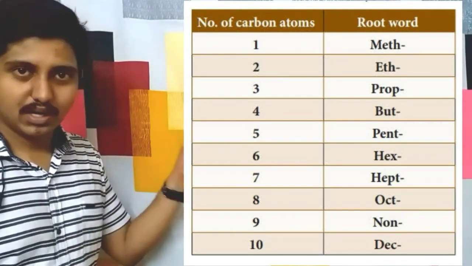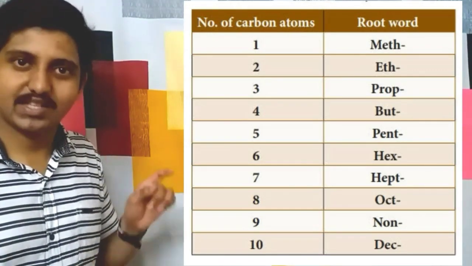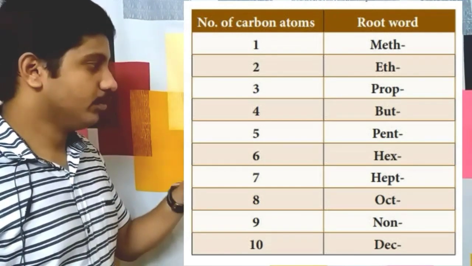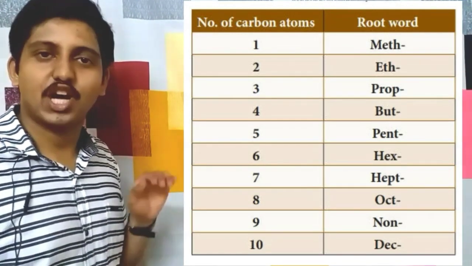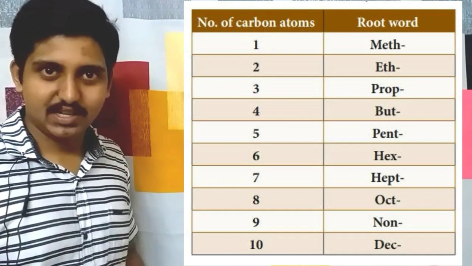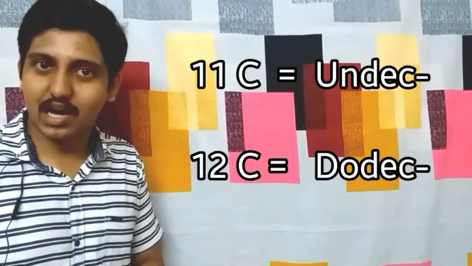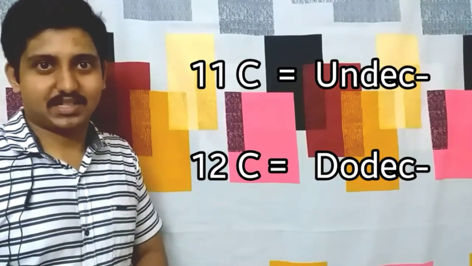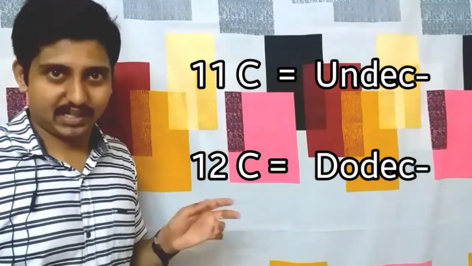If two, eth, and so on. You can study as meth, eth, prop, but, pent, hex, hept, oct, non, dec. And if there are more, if 11 carbon atoms, undec. If 12 carbon atoms, then it is dodec.